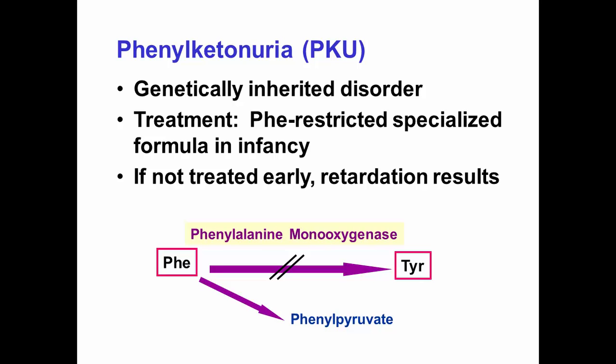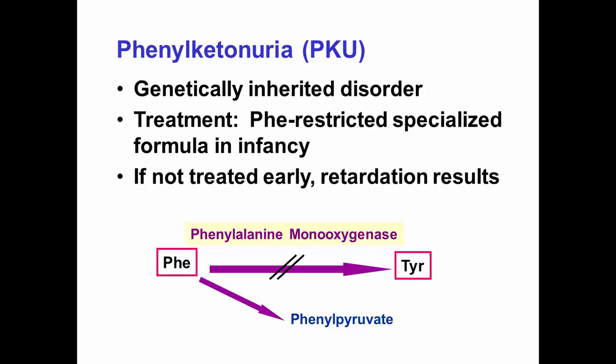So it's one of those things that we screen for at birth, and we can treat infants with this by giving a special phenylalanine-restricted formula. It has all the essential amino acids except phenylalanine, and then we supplement through breast milk and/or formula, in very small amounts, to provide just the absolute requirement for phenylalanine. But it does very well in terms of treating people with PKU.